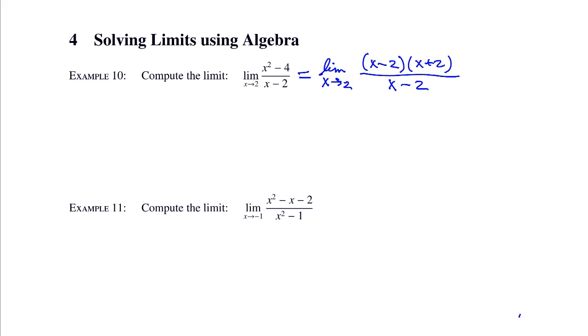X minus 2. X minus 2 cancels. That leaves me with the limit as x goes to 2 of x plus 2. And now you have a function that doesn't have a denominator, so you can evaluate it in this function. So this is 2 plus 2, and this is equal to 4. And that is the answer.